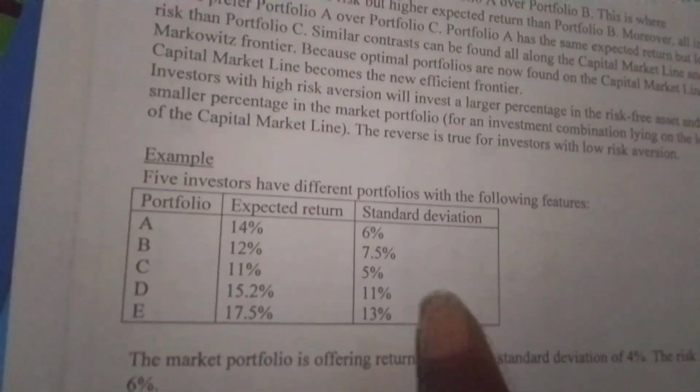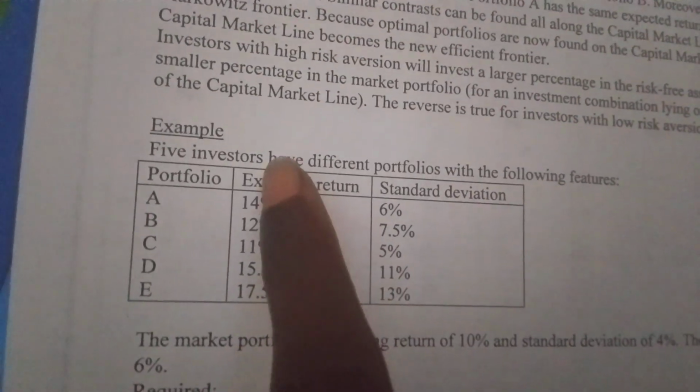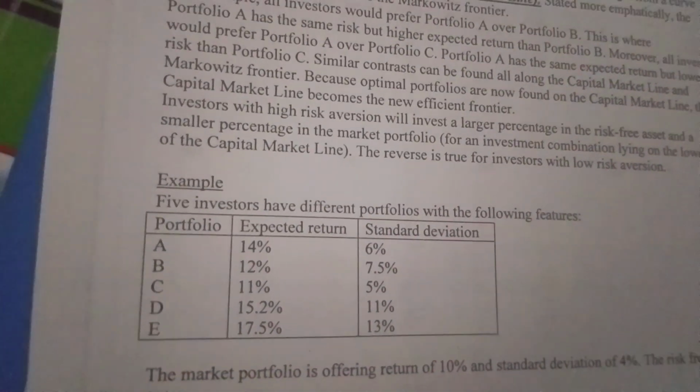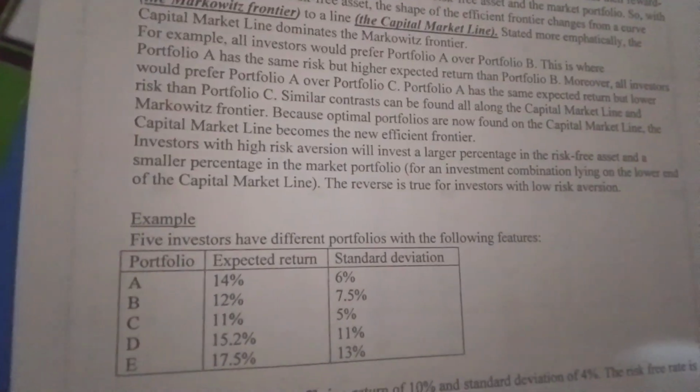I want you to take this up again. So you'll be comparing what you have calculated with 14%. For example, for portfolio A, what we have calculated is 12%.